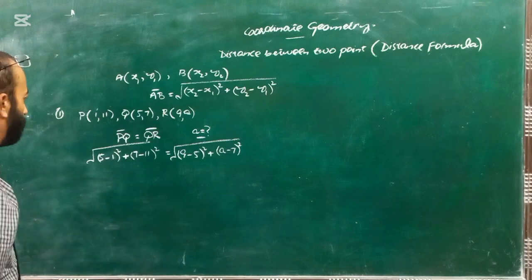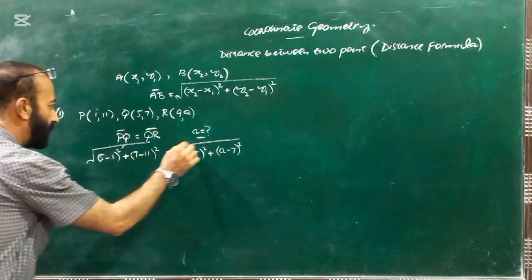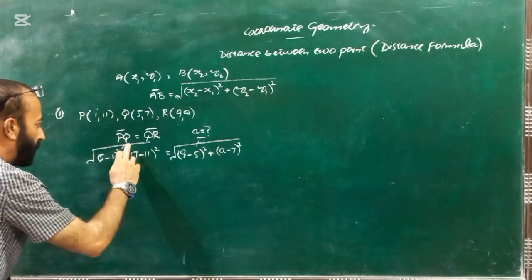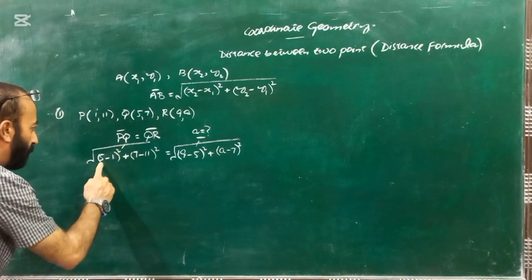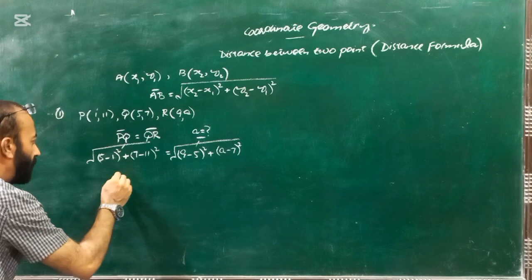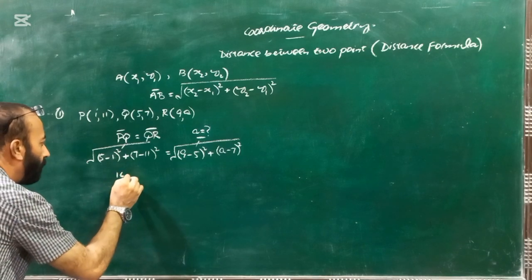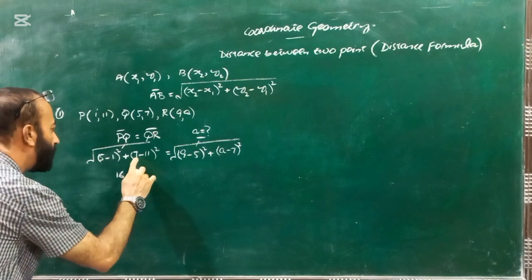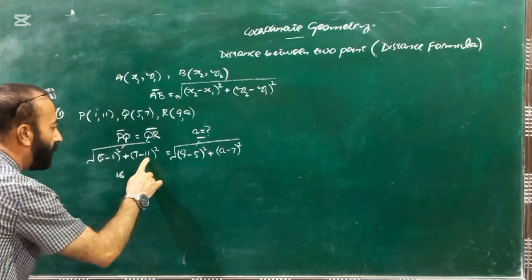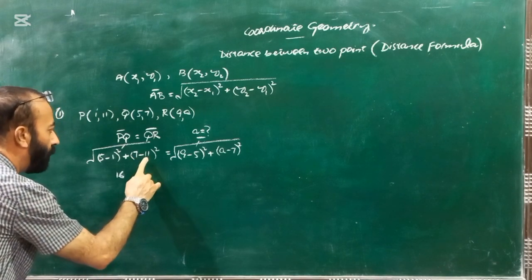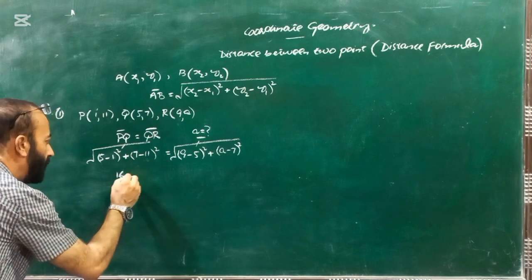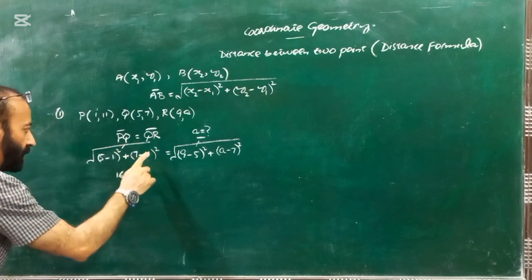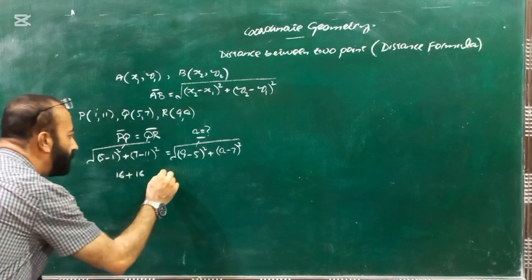At this step, the square root will be cancelled by the square root. So on the left hand side, without the square root: 5 minus 1 is 4, 4 square is 16. And 7 minus 11 will be minus 4, and minus 4 square will be 16, because the minus sign is absorbed by the square.